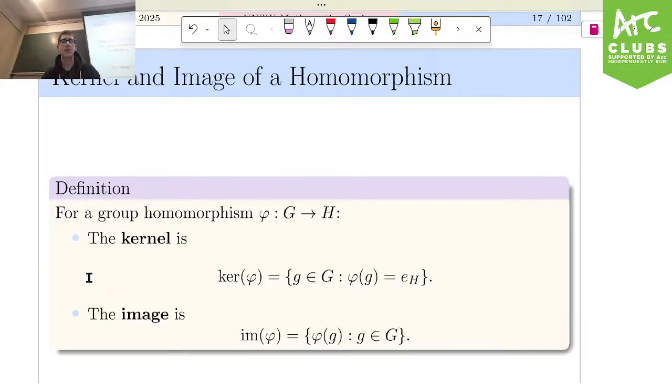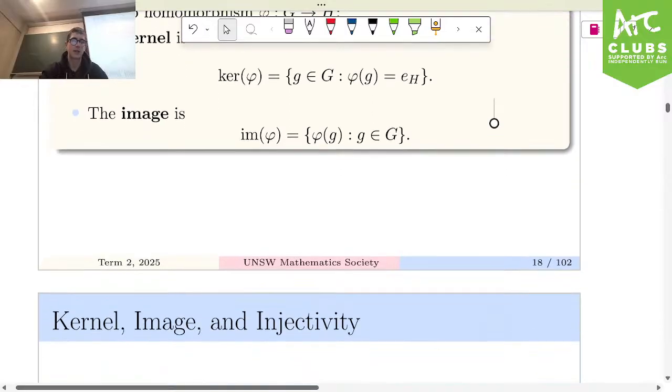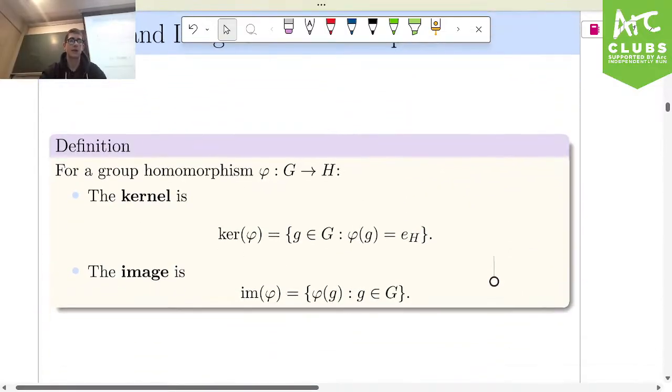The image, however, is everything in G that can be replicated within H. It's a subset of H, representing which parts of G can be represented in H, whereas there may be other parts of H that can't be represented from G.